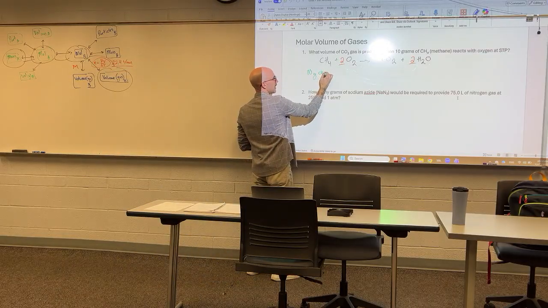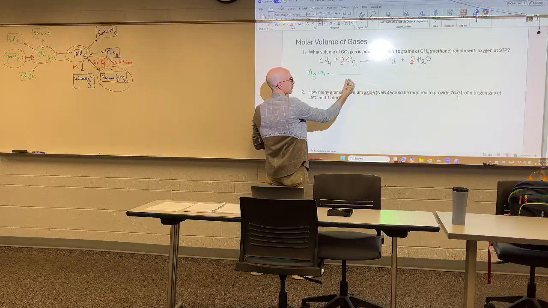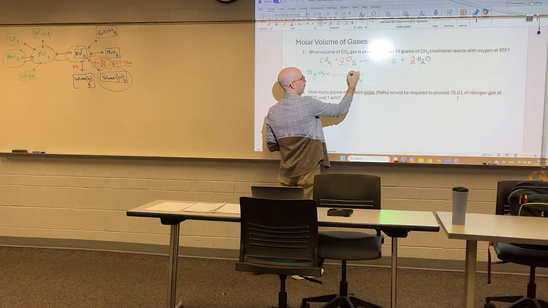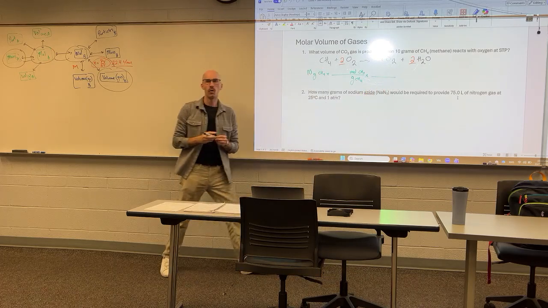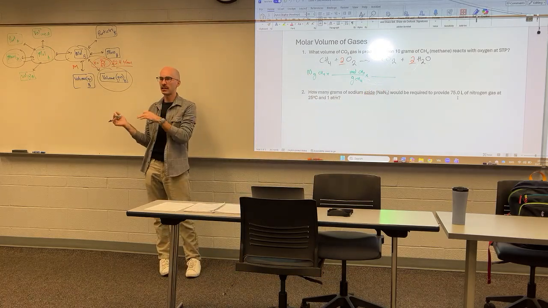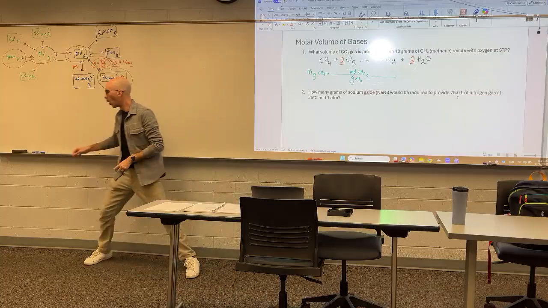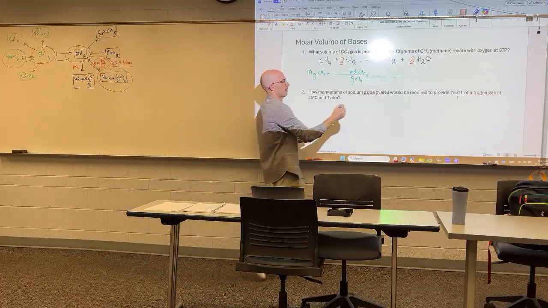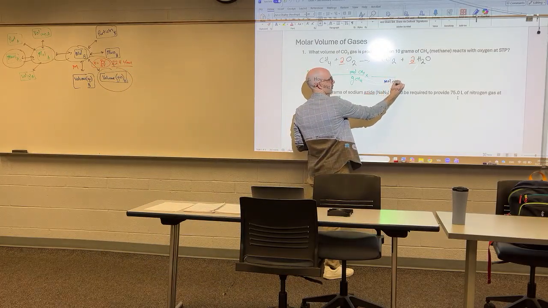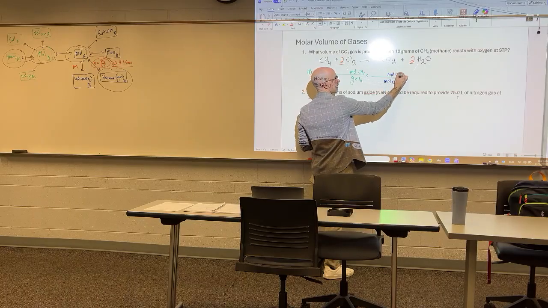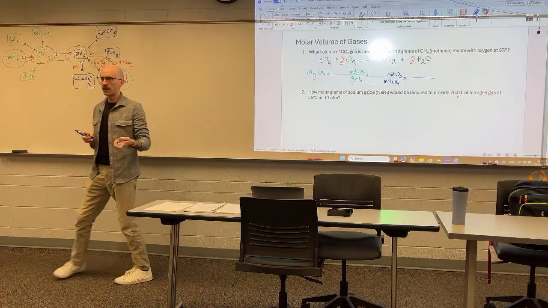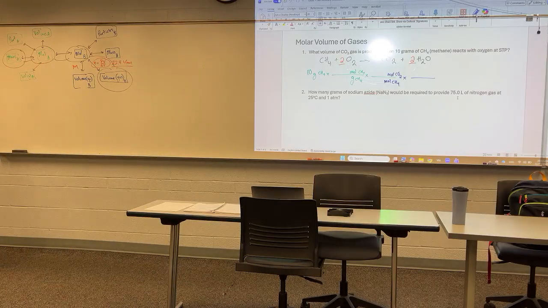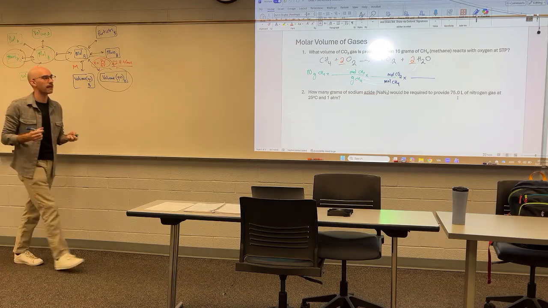10 grams of CH4. Conversion factor, grams of CH4 to moles of CH4. I don't want moles of CH4. I need to convert now into moles of CO2. Moles of CH4 goes on the bottom. Moles of CO2 goes on the top. I'm now in the species I want to communicate about, but I need to convert into its volume instead.